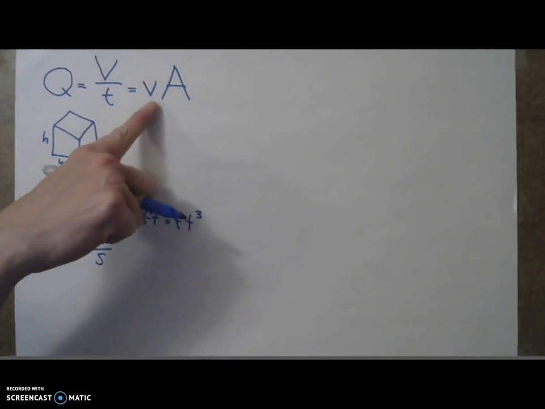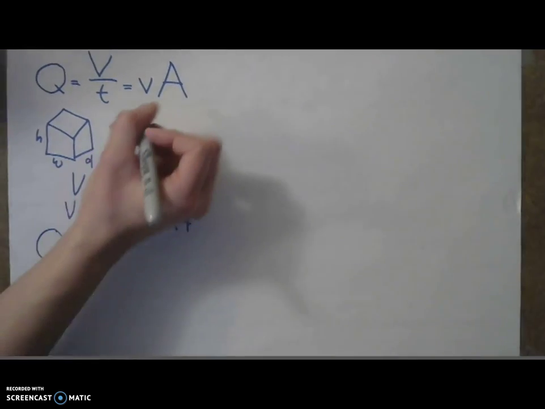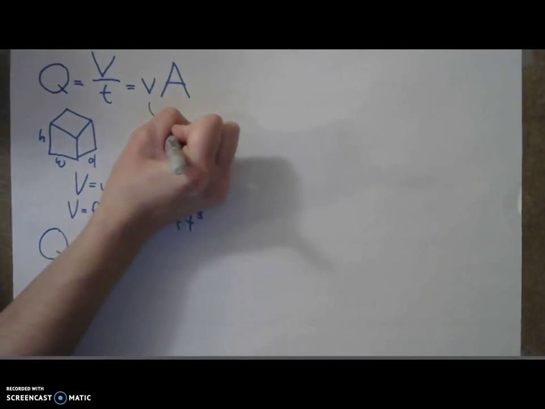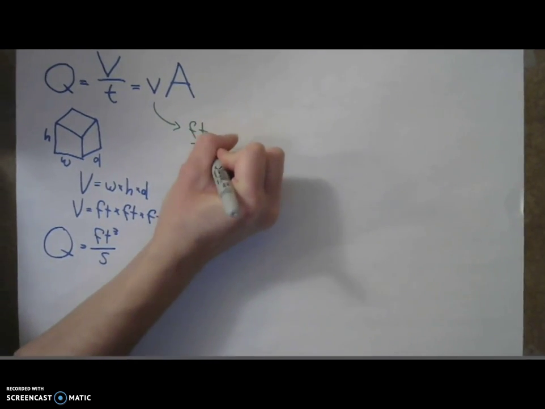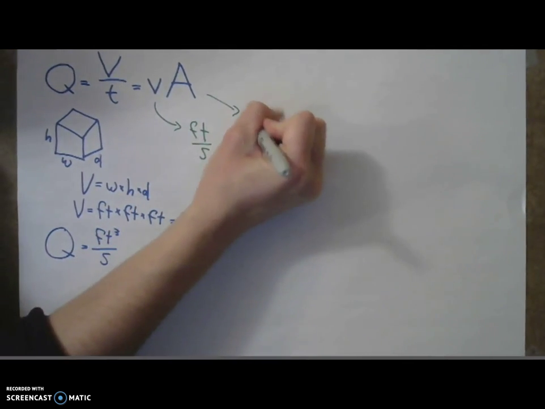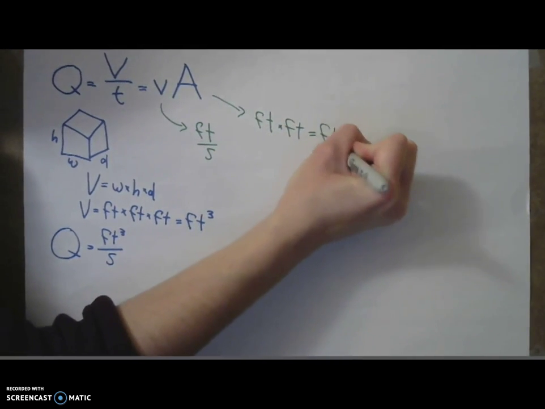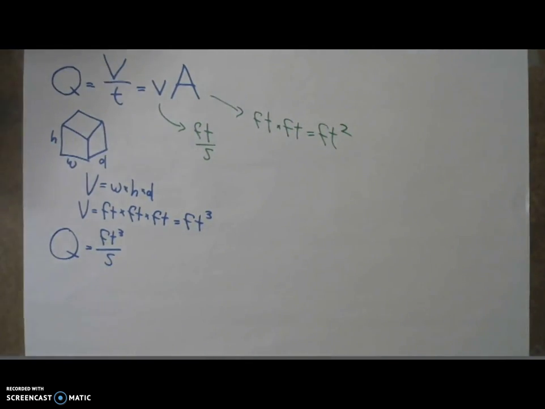Now let's look at velocity times cross-sectional area. Velocity, feet per second. Cross-sectional area, feet times feet, or feet squared.